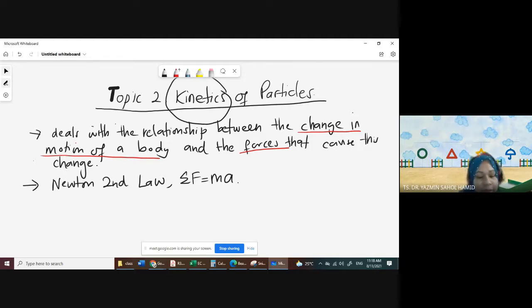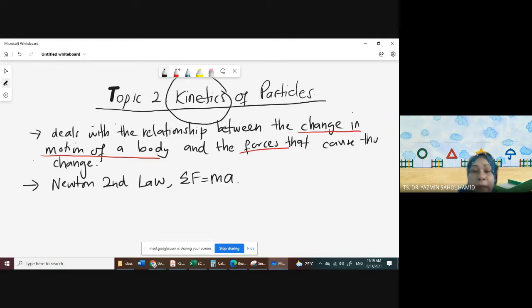So Newton's second law says that an unbalanced force that acts on a particle will accelerate the particle in the direction of the force with a magnitude that is proportional to the force.